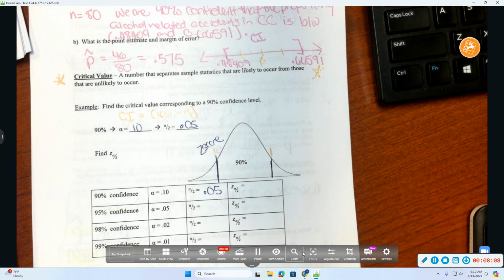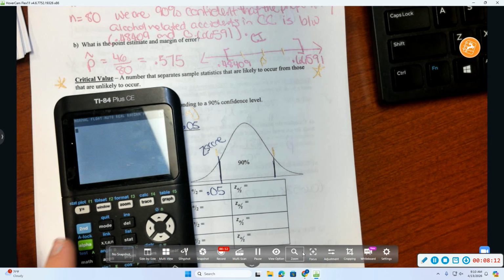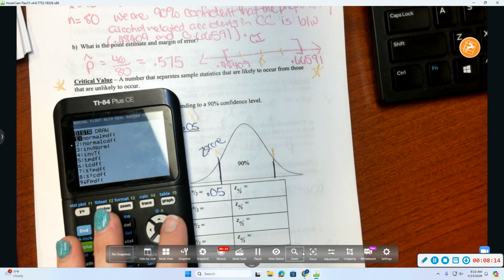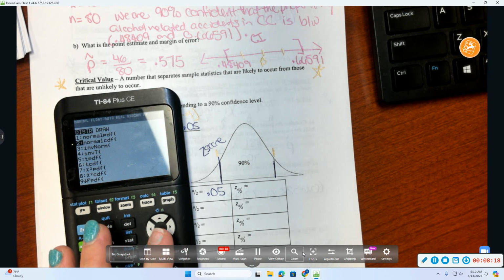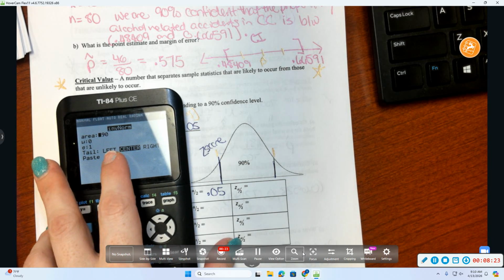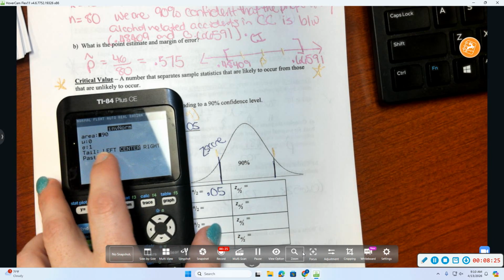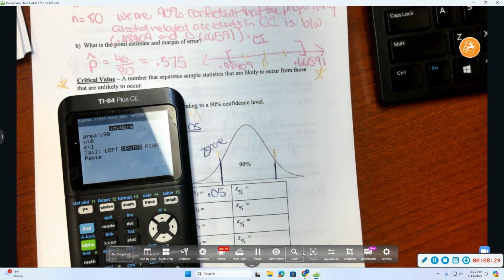You're going to go to second distribution, inverse norm. You're going to type in 90%, a mean of 0, standard deviation of 1, and you're going to do the center. If you do the left or the right, that's fine too, but we're going to do the center just to pull up both of them.